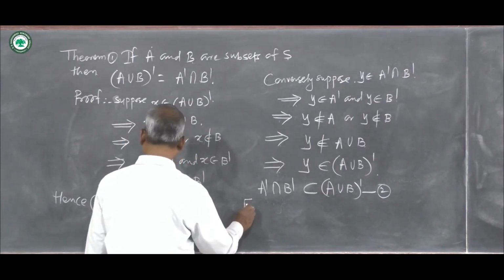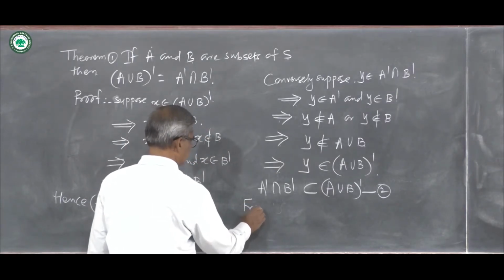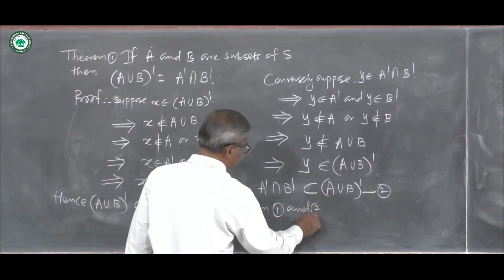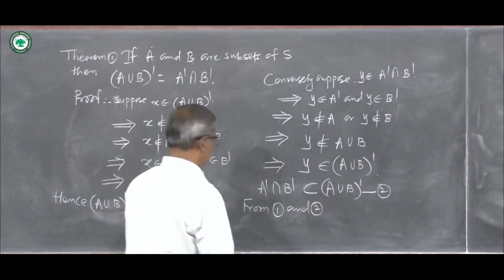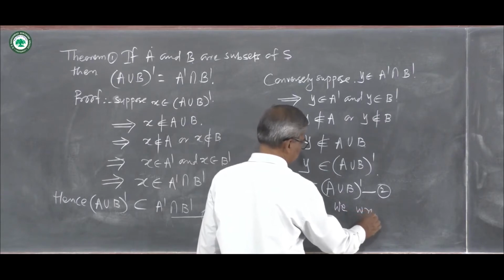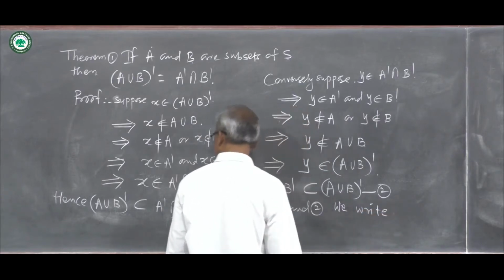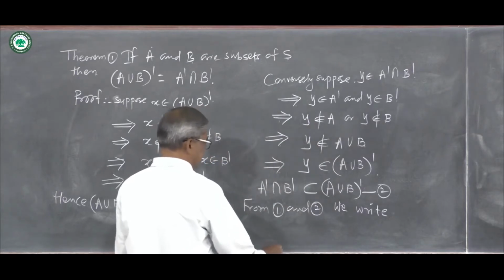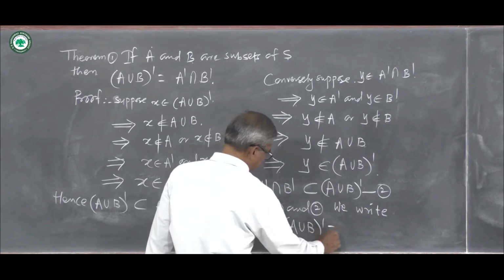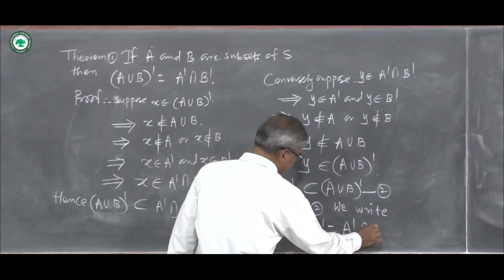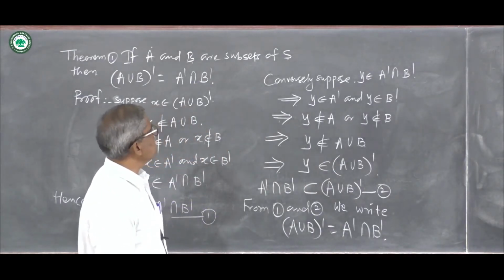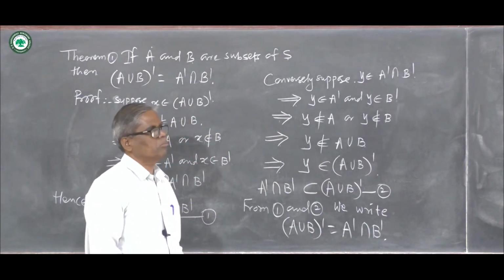From 1 and 2, we write (A union B)' is equal to A' intersection B'. Hence the proof of this theorem.